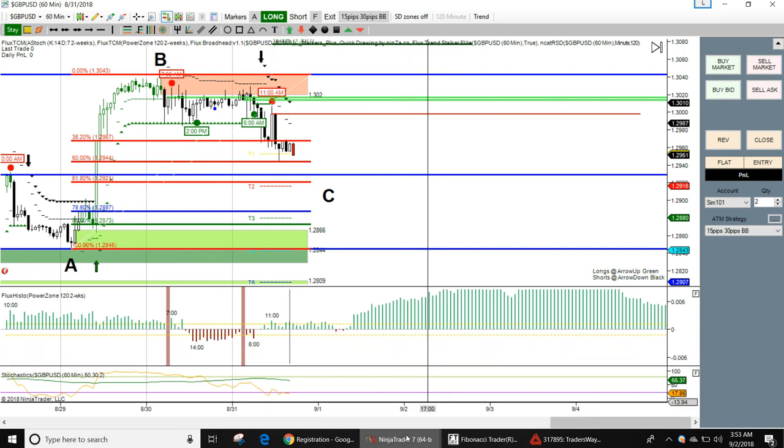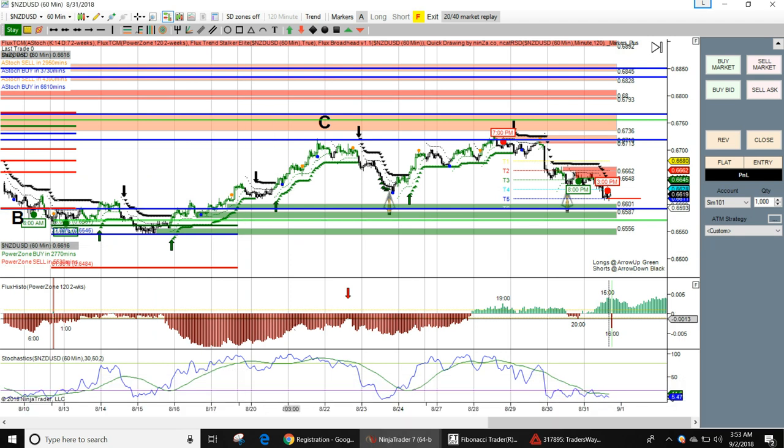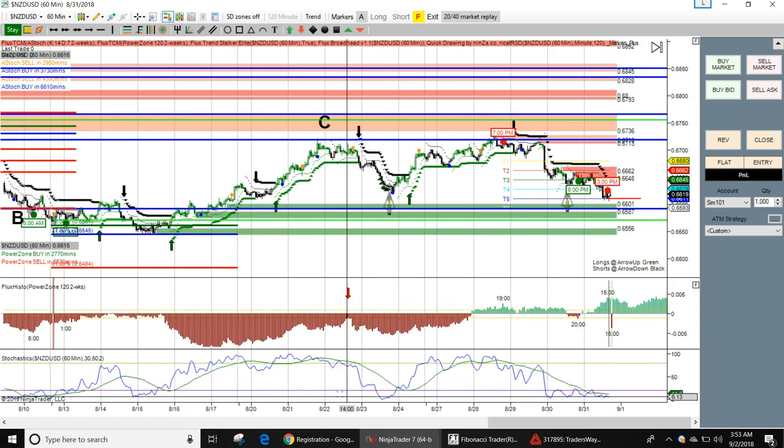Okay, next up is going to be the New Zealand US dollar. Still hasn't hit its extension yet. C entry is 618 right here. Actually, I don't know, traders, is this higher?